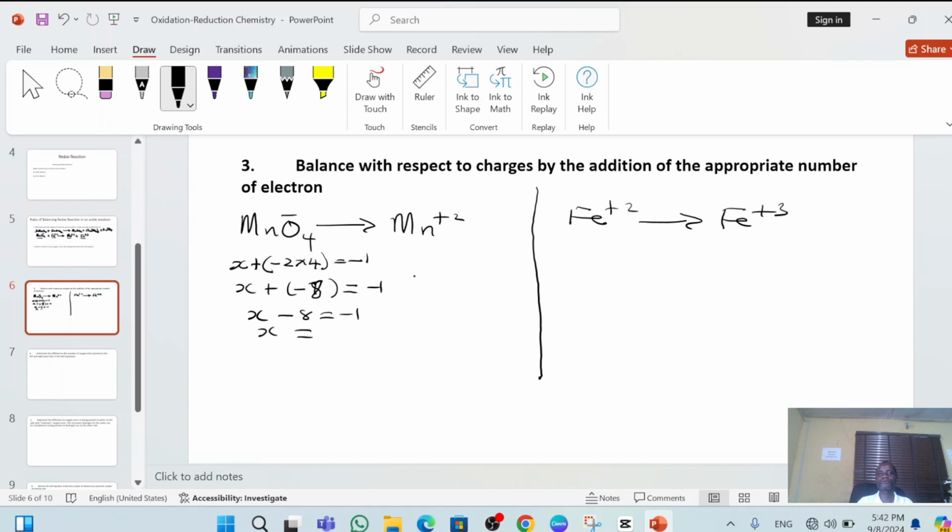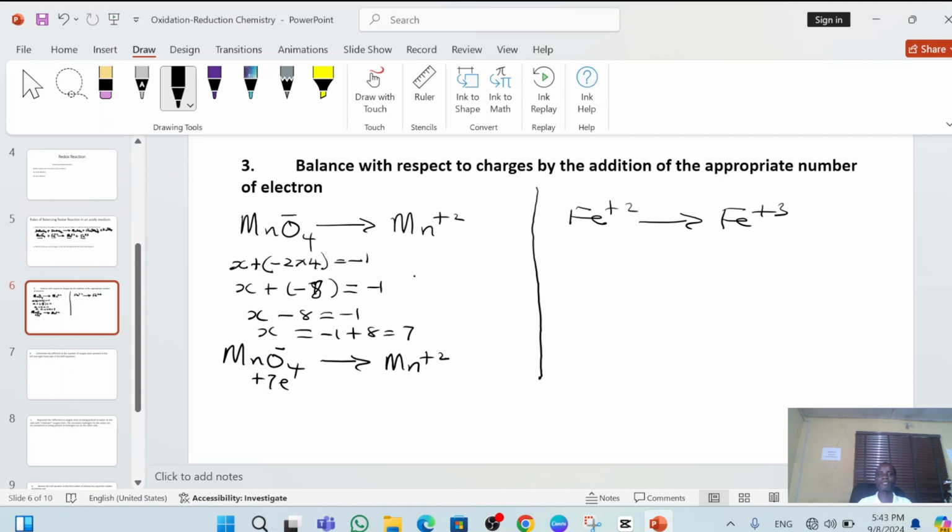X is equal to minus 1 plus 8, which is equal to 7. Then we have 7 this side, and this side is 2. And then you can rewrite it as MnO4 minus plus 7 give Mn2 plus. And then the charge difference now is 5.